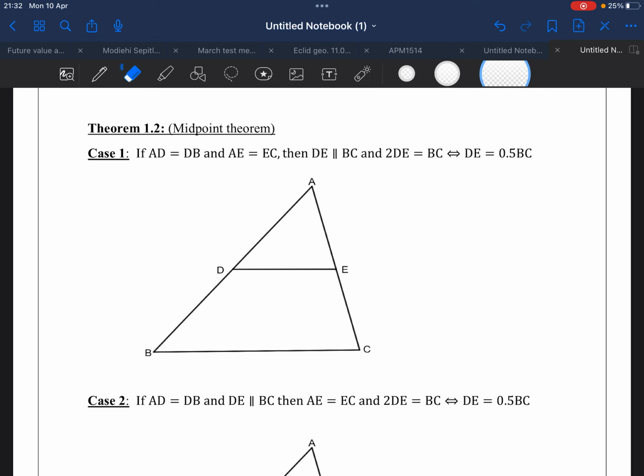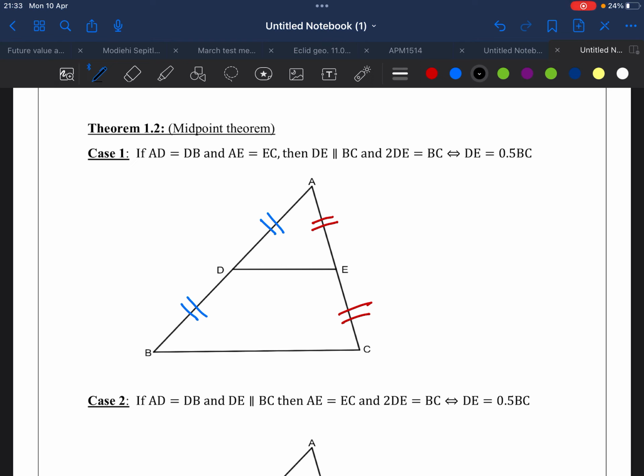So case 1, they say that if AD is equal to DB and AE is equal to EC, then what is it that we know?